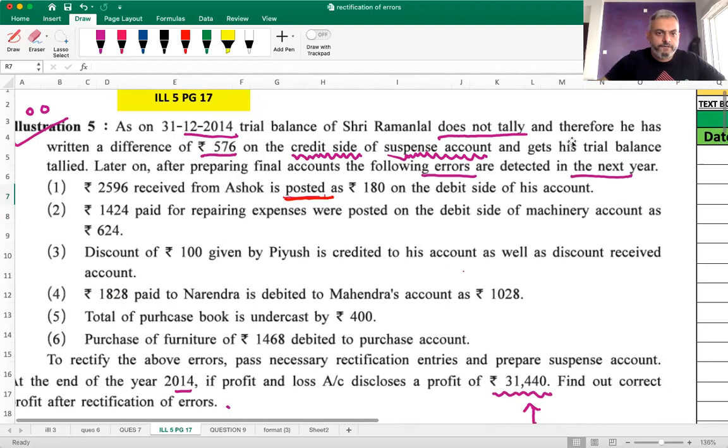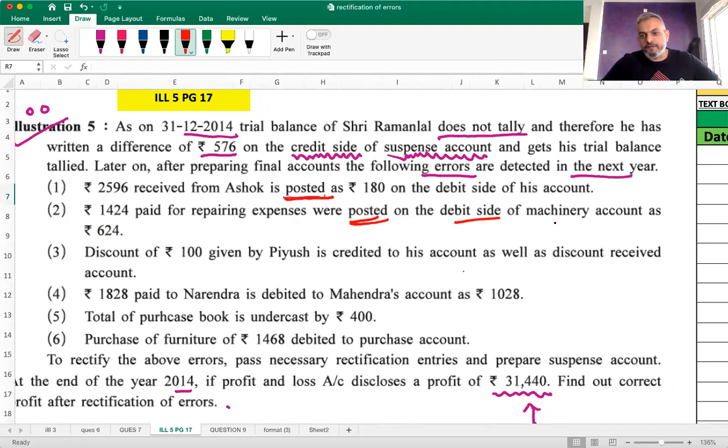Rupees 1424 paid for repairing expense were posted on the debit side of machinery account as 624. So again, we have to first write the correct entry and see what's the error, make a machinery account.